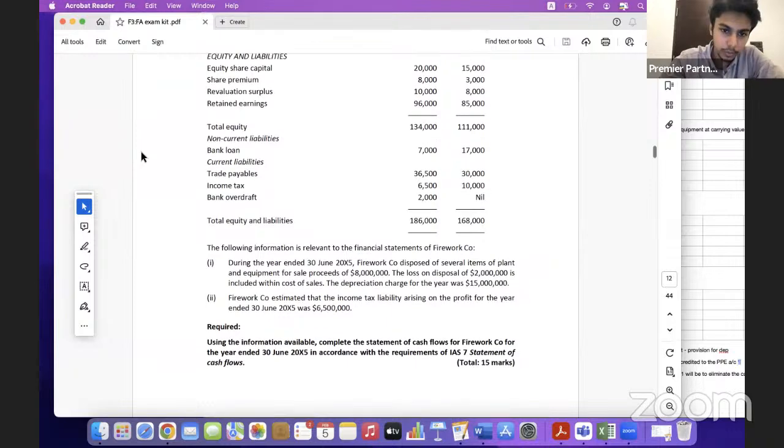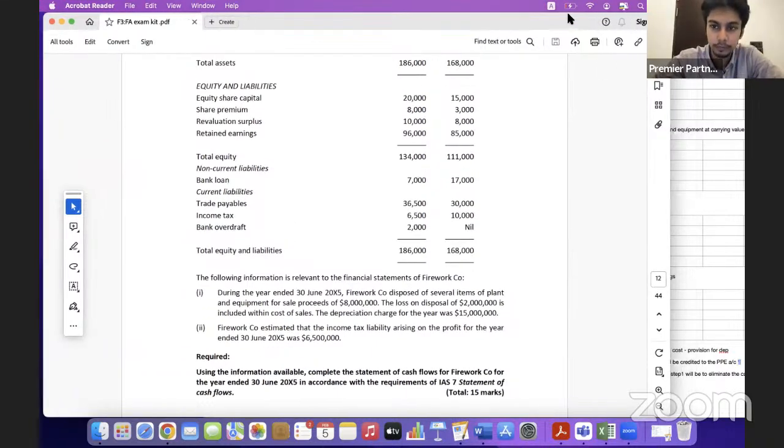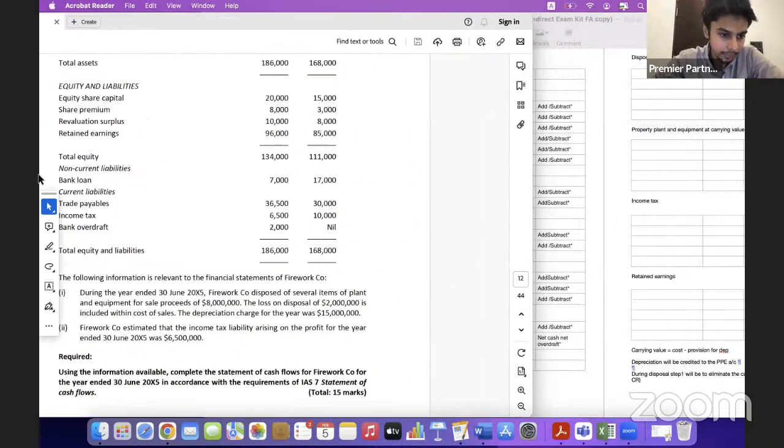Now, let's have a look at the adjustment we have over here. They are telling, during the year, Firework disposed of several items of plant and equipment. See, they sold an asset. So normally, in accounting, when someone sells an asset, what is the account that we prepare? Disposal.